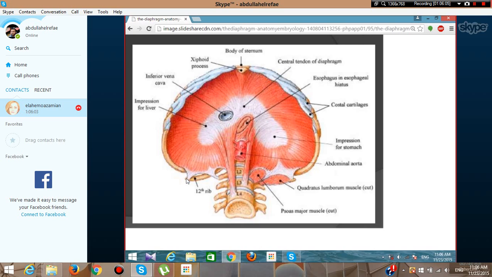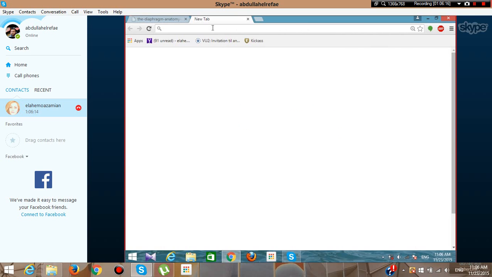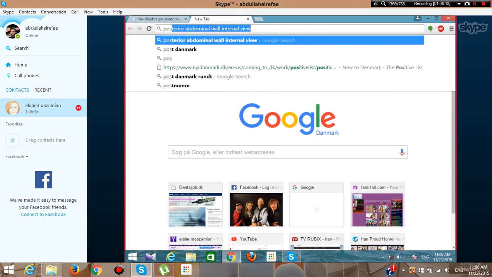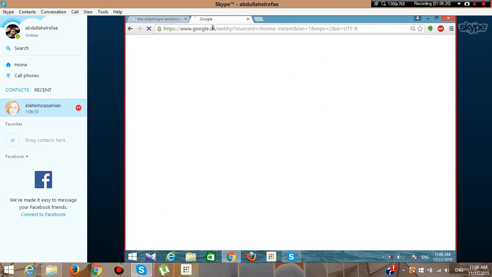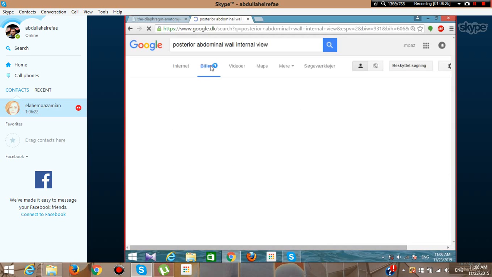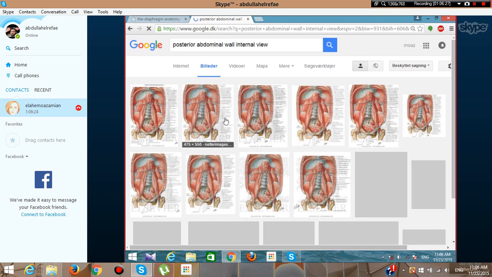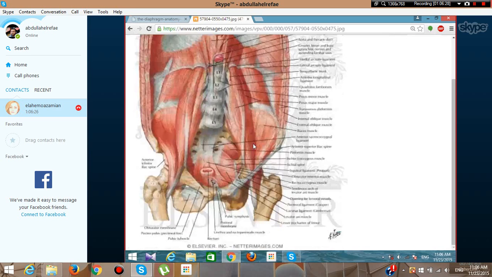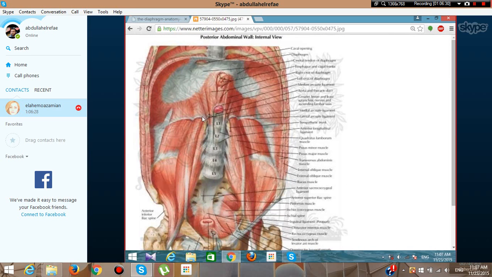What do you think, which muscle is coming from here under the medial arcuate ligament? Latissimus dorsi? Latissimus dorsi is on the back, on the other side. We're inside the cavity. Look, medial arcuate ligament, which muscle does it have?